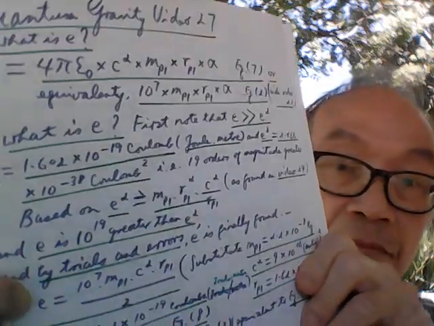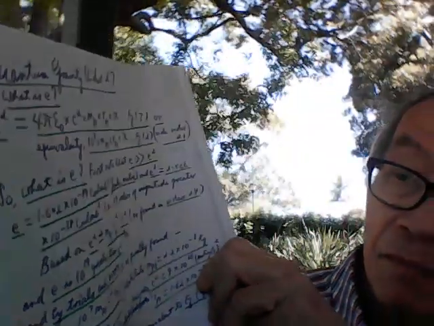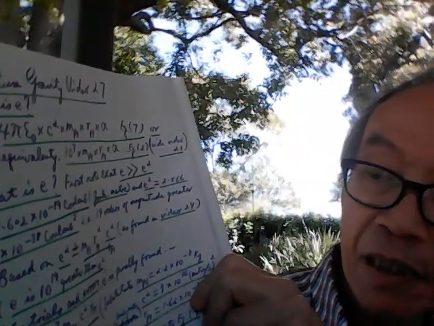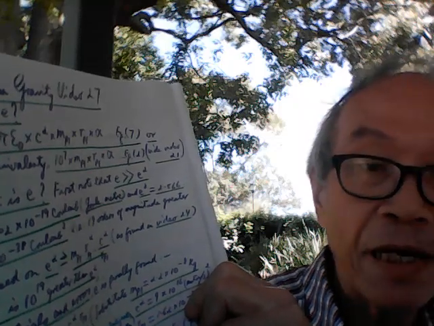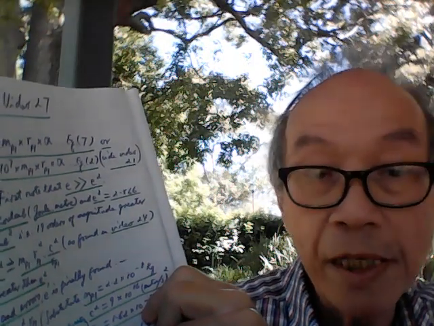So if I do not adopt the fine structure constant, then it will be 10 to the power 3 greater. So 10 to the power 16 plus 10 to the power 3 will be 10 to the power 19. So at last I come to the term E is equal to 10 to the power 7 times Planck mass times c squared times Planck length.